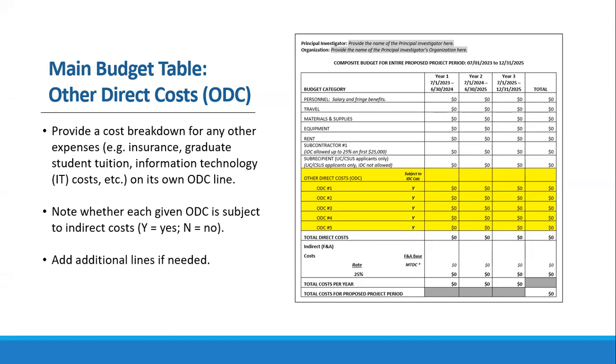And then determine whether each of those costs is subject to indirect costs and mark it accordingly in the table. If you have questions on those, I would refer you first to the terms and conditions, which has a wealth of information on how to determine which costs are subject to indirect cost calculation and which aren't. And if you have more other direct costs than the ones provided, feel free to add additional lines to the table.